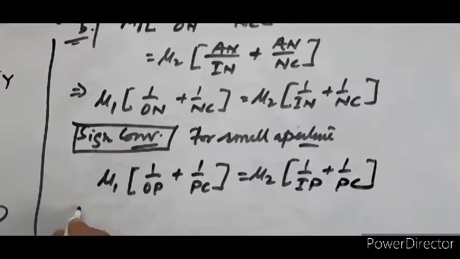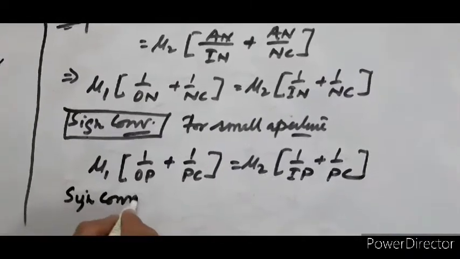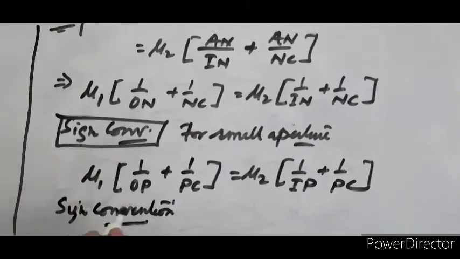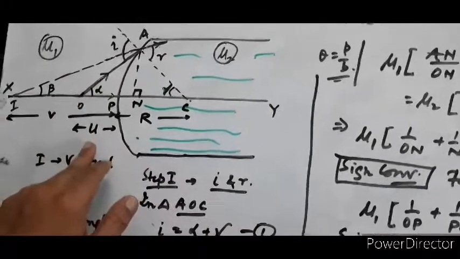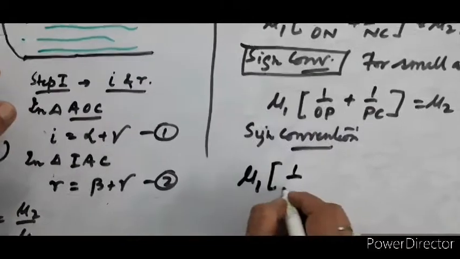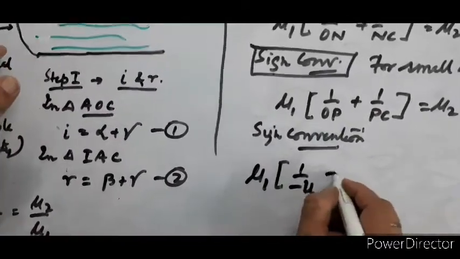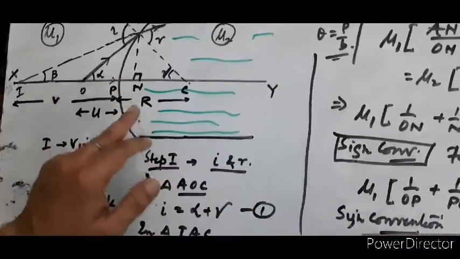Now apply the sign convention. In place of OP, we are going to write minus U. OP is minus U, plus PC. PC is positive along the direction of the incident ray.